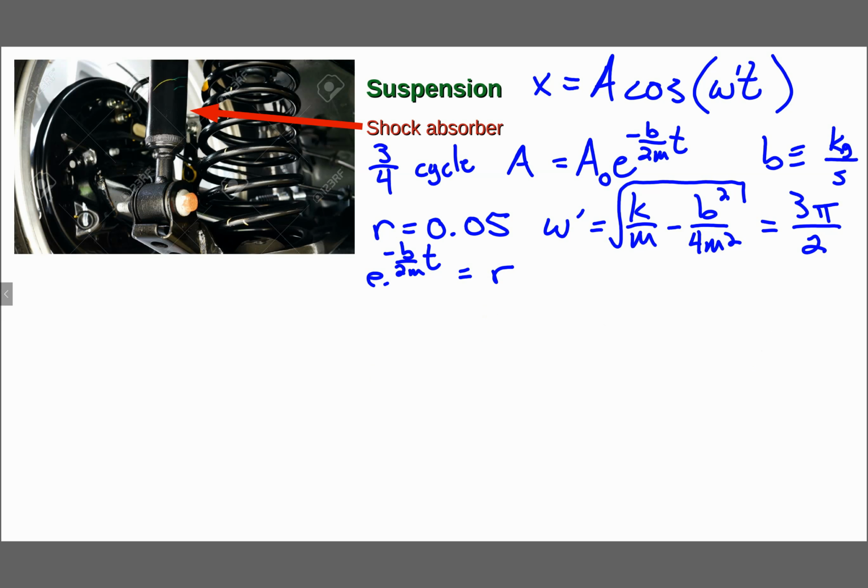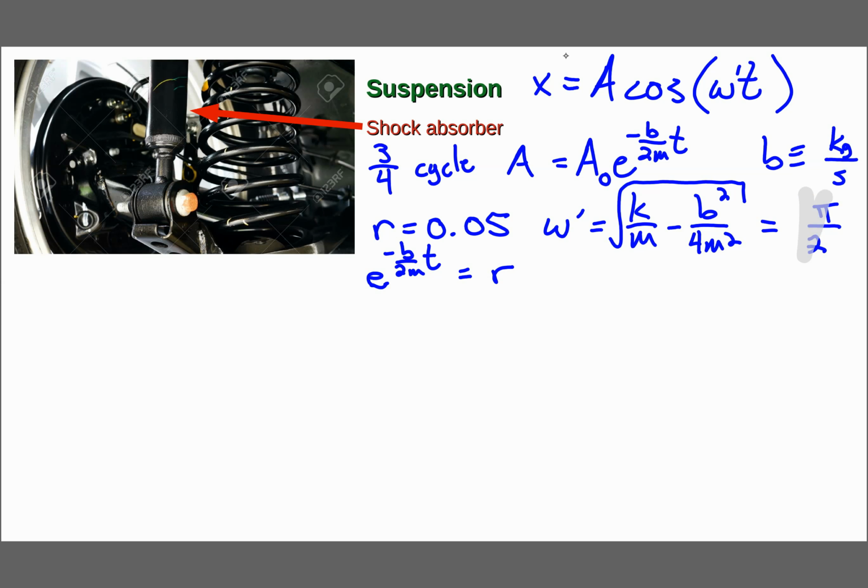So then what the engineers are going to say is the thing that makes this happen, the thing that makes it not bob for a long time, is the shock absorbers, right? And so we have to design shock absorbers that have a certain B so that B makes these things happen, right? So what we do is we place these constraints on our values.